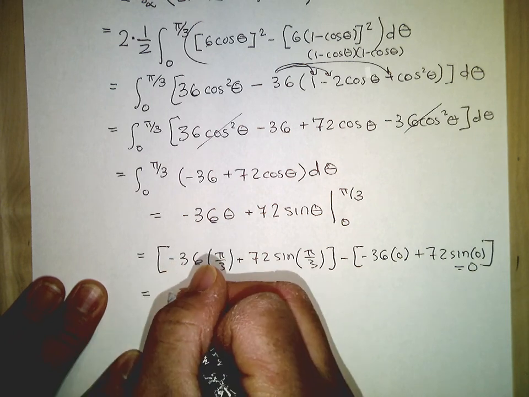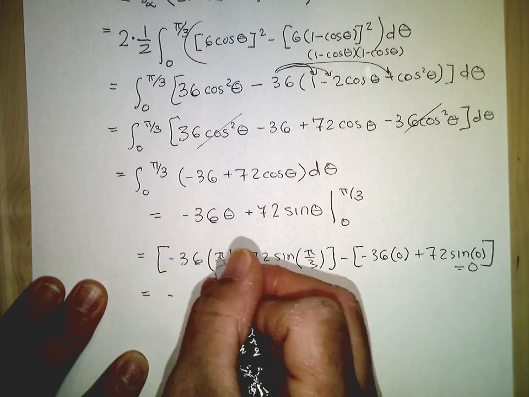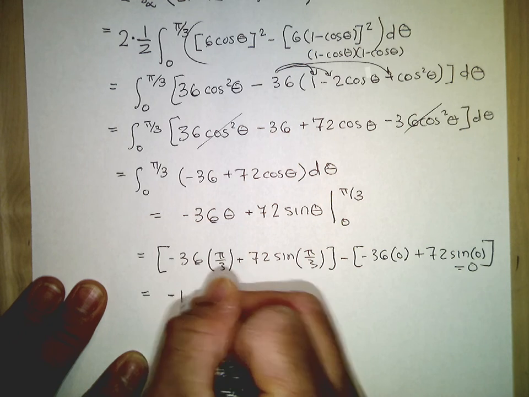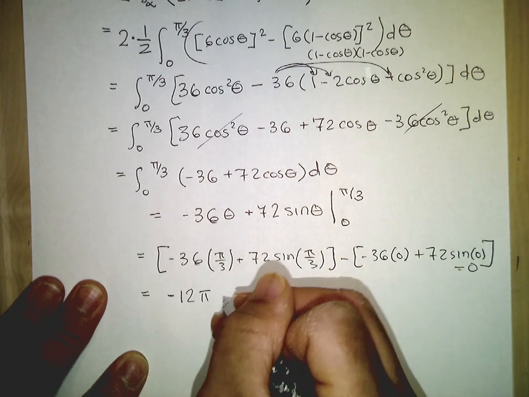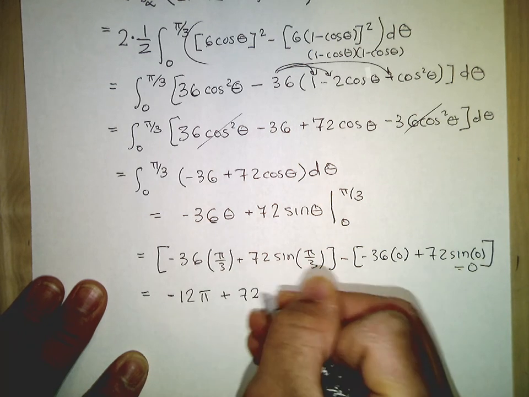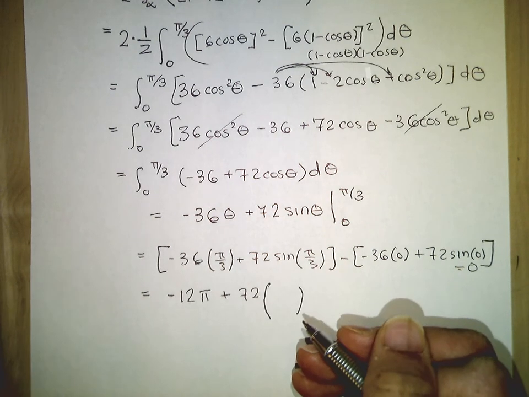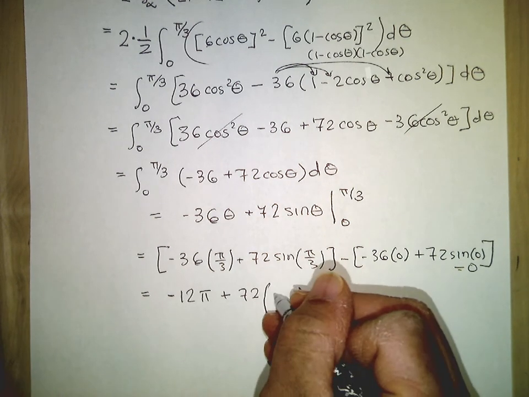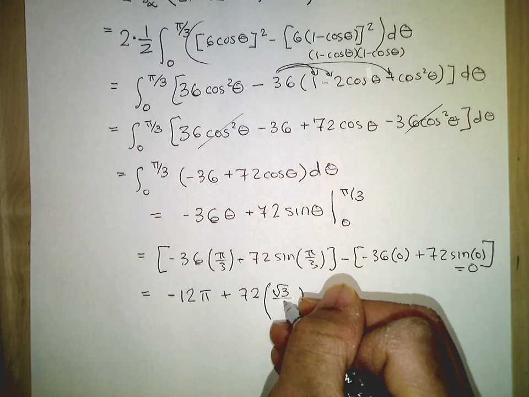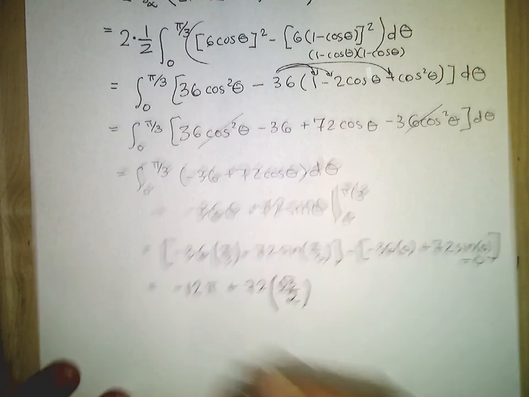So we have negative 36 times pi over 3, which is negative 12 pi. And this will be plus 72 times, well, sine of pi over 3 is square root of 3 over 2.